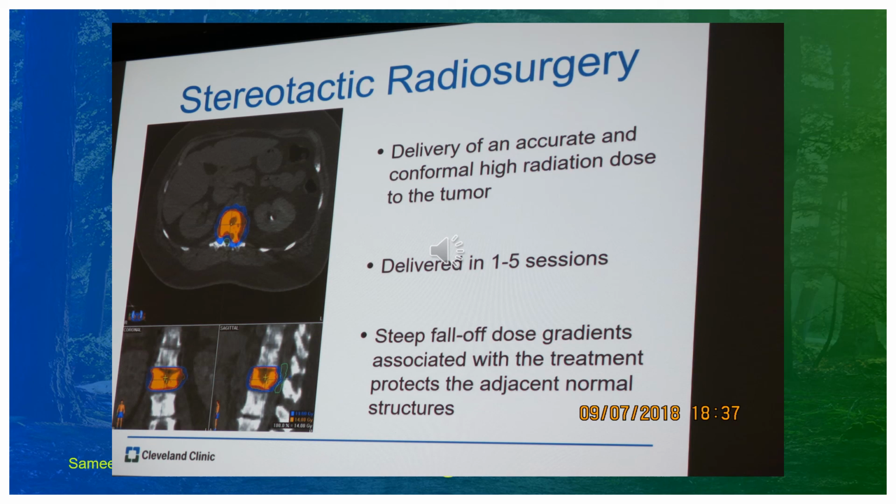Now, with stereotactic radiosurgery, we can deliver an accurate and conformal high radiation dose to the tumor.